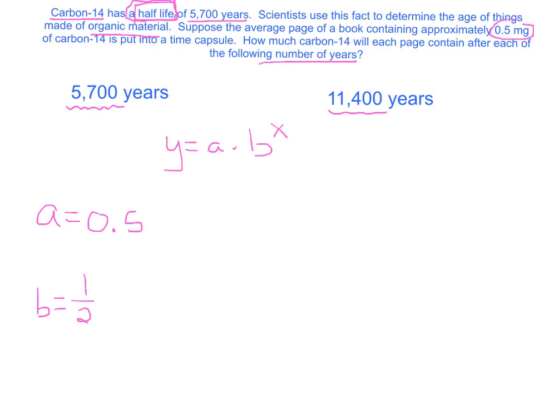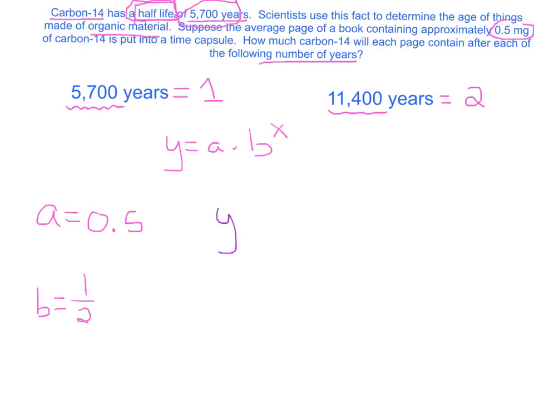You need to figure out how many half-lives occur in that amount of years. So in 5,700 years, there is 1 half-life. And in 11,400 years, there are 2 half-lives. So you're plugging in 1 and 2 for x.